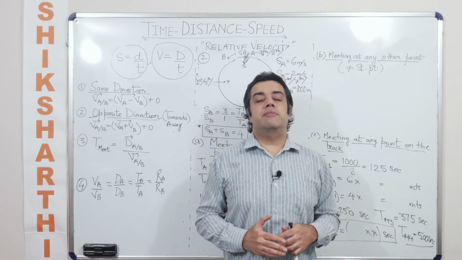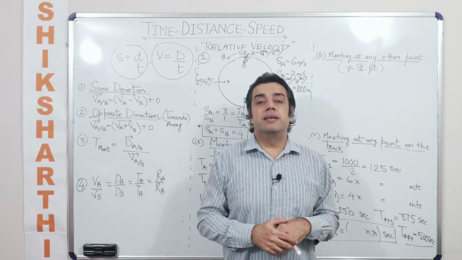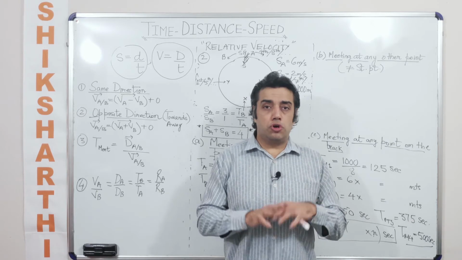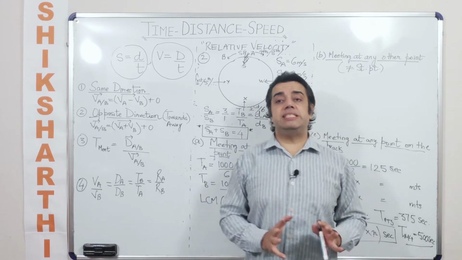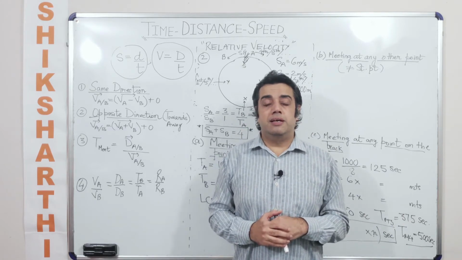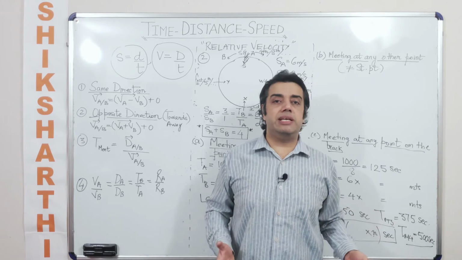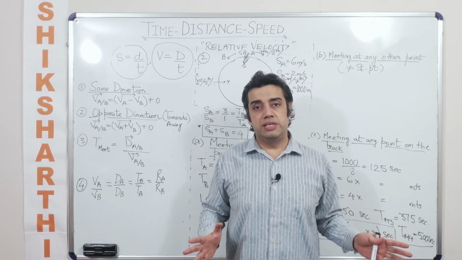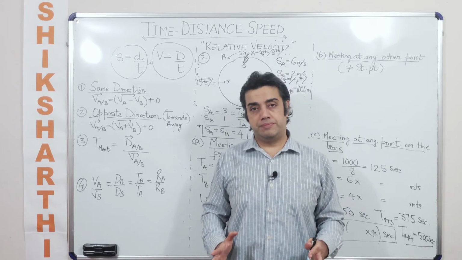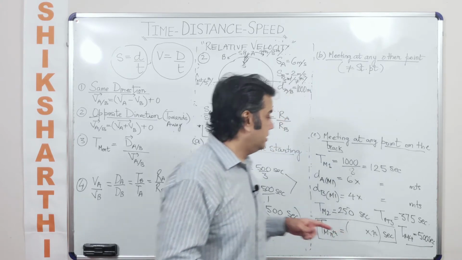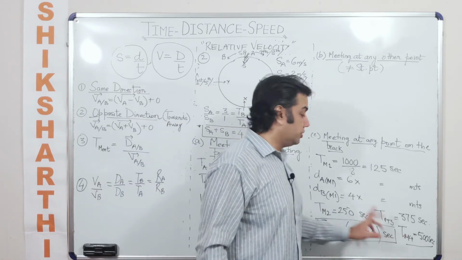I repeat, when there are 2 or more runners running a circular race around a circular track, then if they have to meet at the starting point, the starting point meeting would be the same when they are moving in the same direction or when they are moving in opposite directions. It has nothing to do with in which direction they are moving, and you'll be using this LCM concept, or you can use this concept. You can use either of the two.